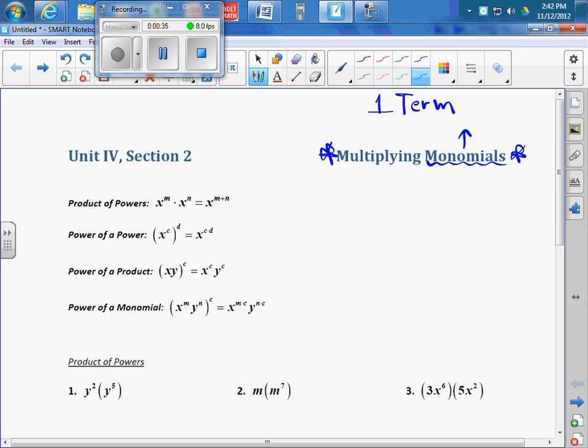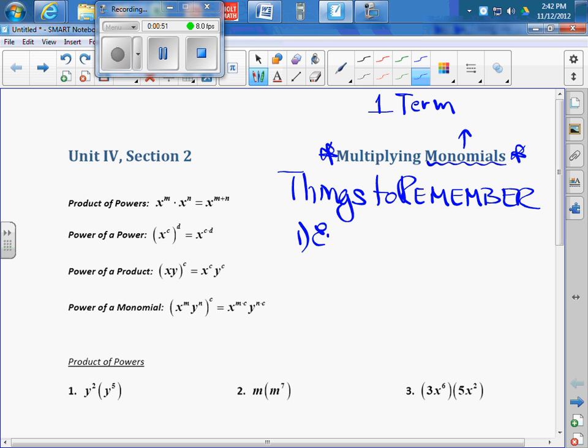Now, there are some things I want you to keep in mind, things to remember as we go through this whole chapter, actually. Number one, every monomial has a coefficient.